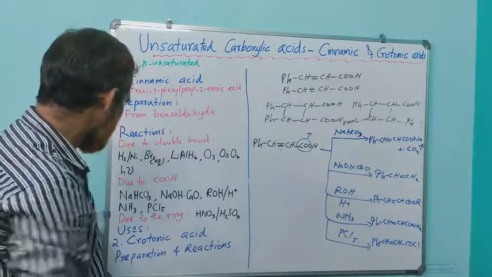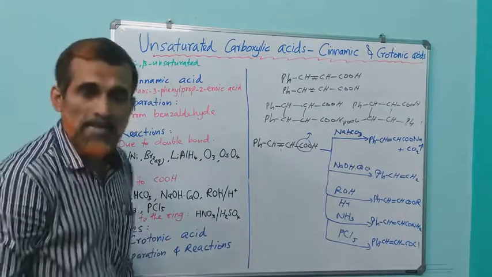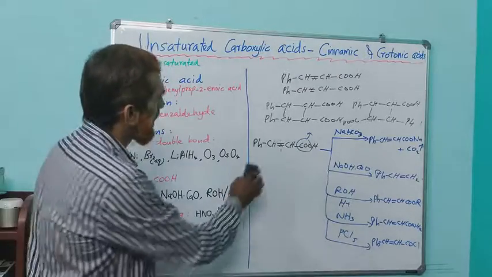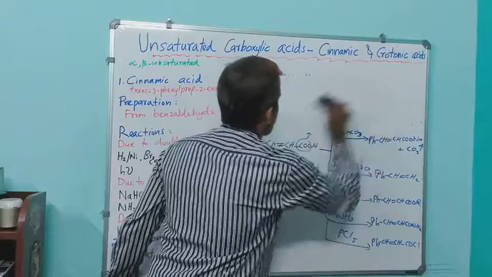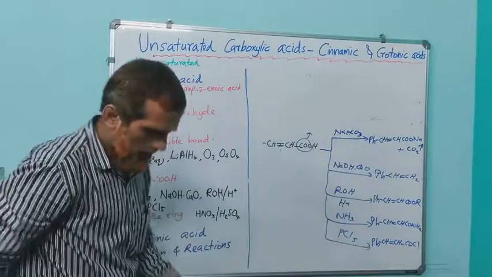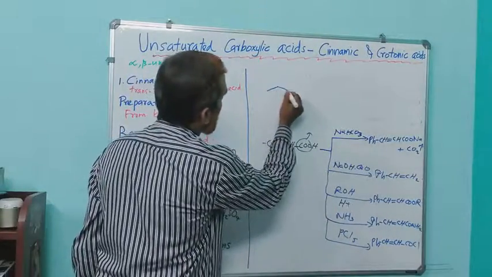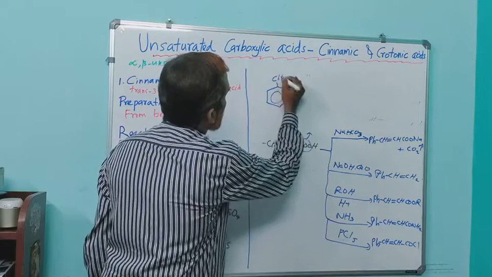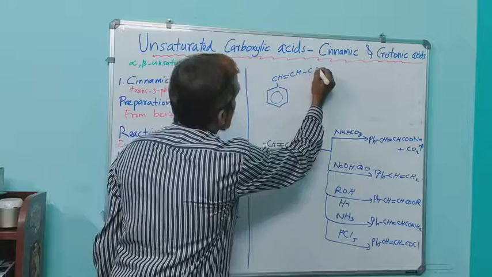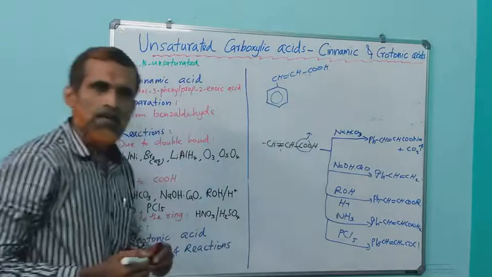Okay, now next is reactions due to the ring. See, you know that cinnamic acid has got a benzene ring, an aromatic ring, okay? So, it can undergo electrophilic substitution reactions. There are two questions.